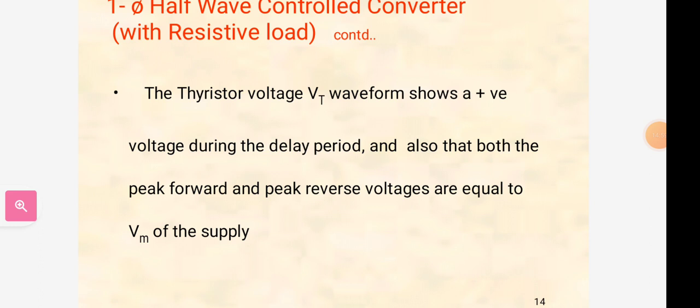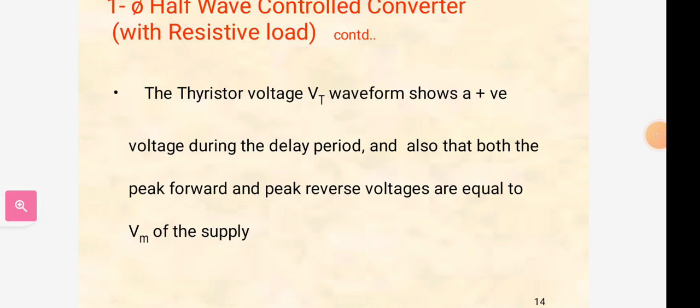Therefore, it is turned off. Hence, the voltage at the load becomes 0. The thyristor conducts from alpha, 2 pi plus alpha, 3 pi plus alpha, and so on. The cycle repeats.